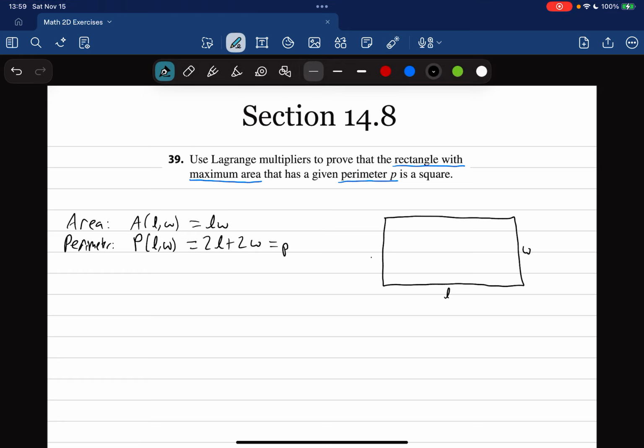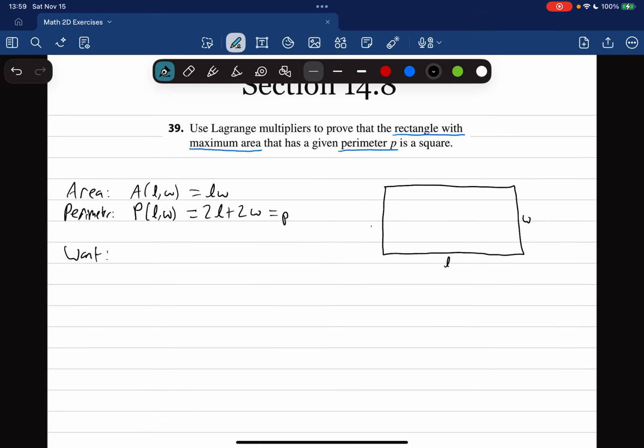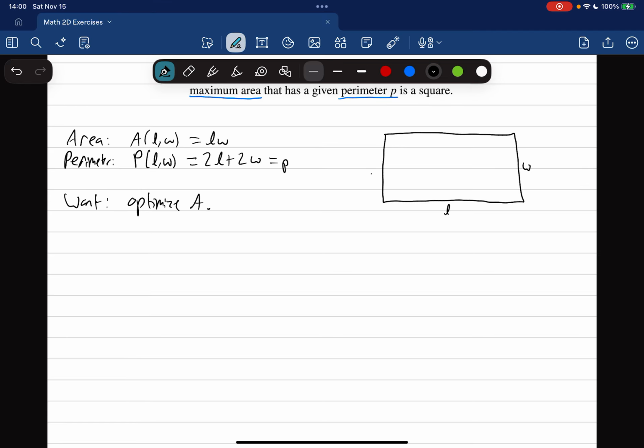And so, okay, now with all of these givens, what we want to do is optimize A, because we want the maximum area. And again, we're doing this with Lagrange multipliers. And as a reminder, the method of Lagrange multipliers says, let me write this down.